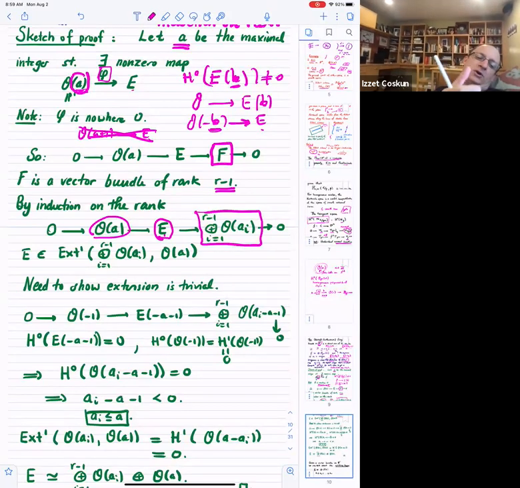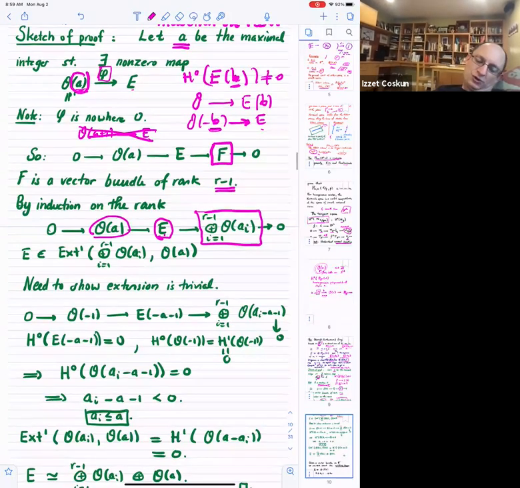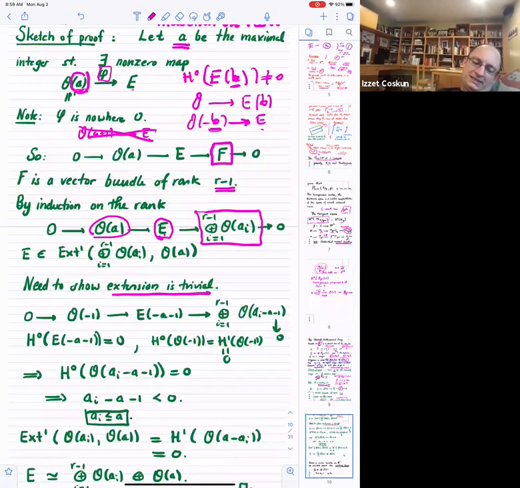Just because you put a bundle in an exact sequence with two bundles, it doesn't mean that this splits. But in this case, it has to be split. So what we need to show is that the extension class is trivial. In other words, we need to show that this Ext1 group is equal to 0.